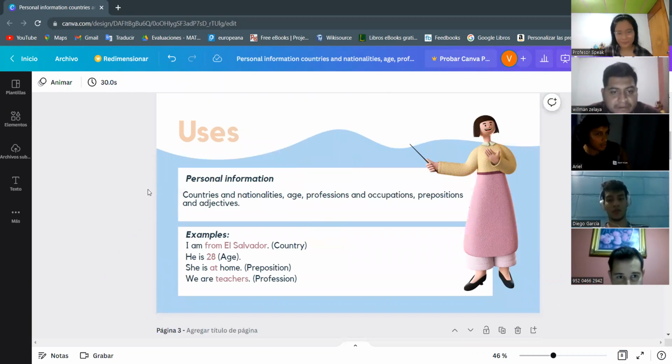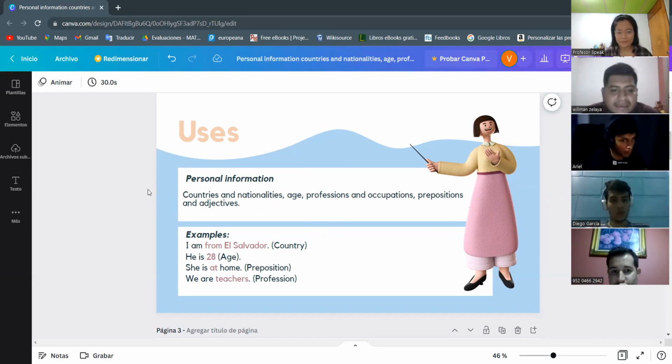Personal information. Countries and nationalities, age, professions and occupation, prepositions, and adjectives. For example: I am from El Salvador, country.